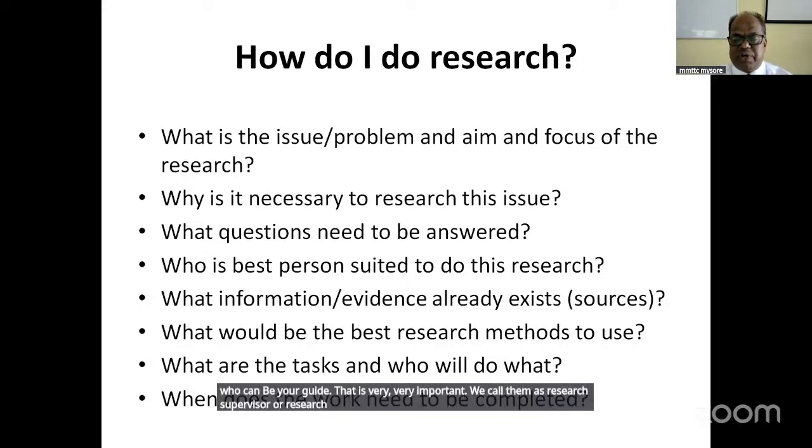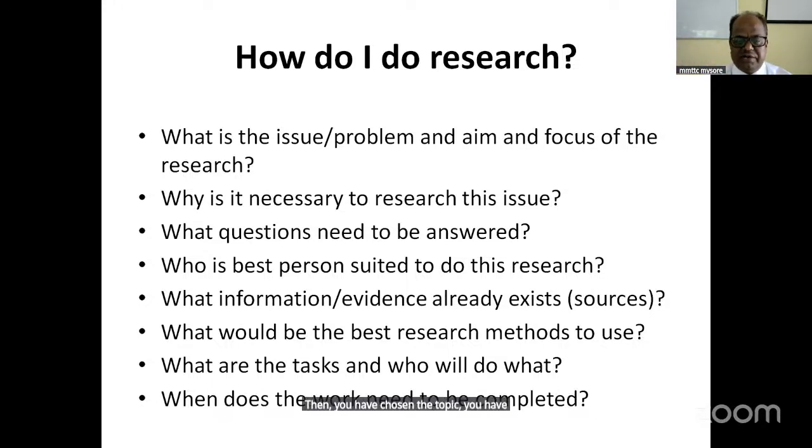Then you have chosen the topic, you have chosen the guide. Then on that particular topic, you need to find out what knowledge already exists. What information or evidence already exists in the society, in the books, that you need to find out. For that, you need to conduct a review of literature.